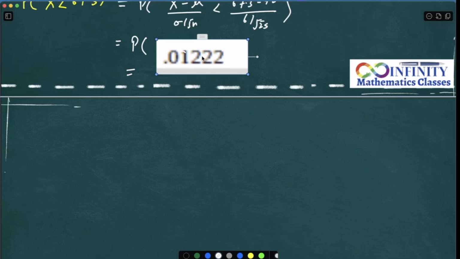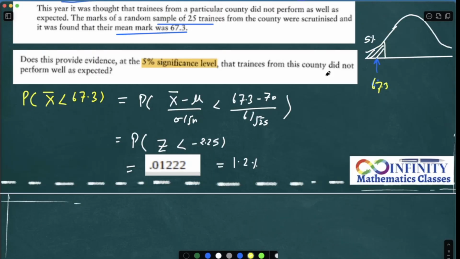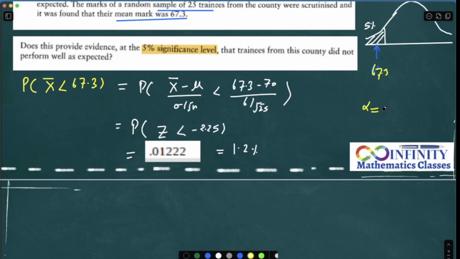This is the probability, and it is around 1.2% approximately. Now tell me, what was the level of significance? It is 5%. Is this less than 5%?